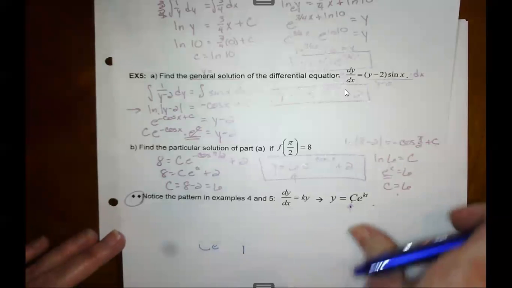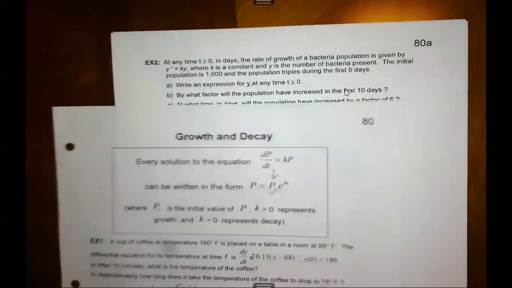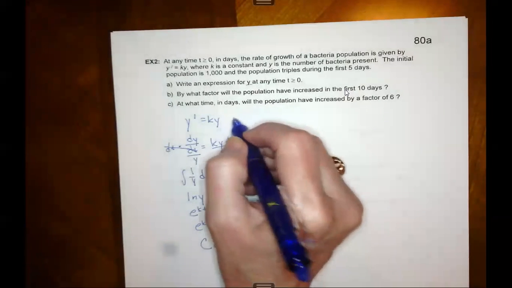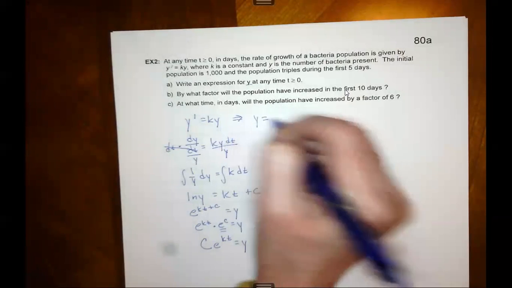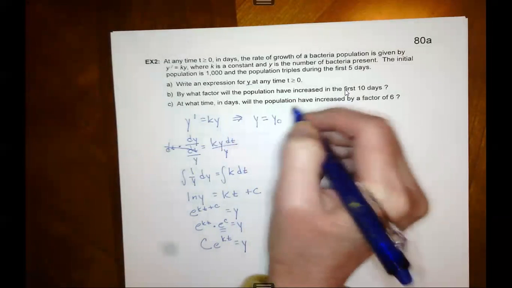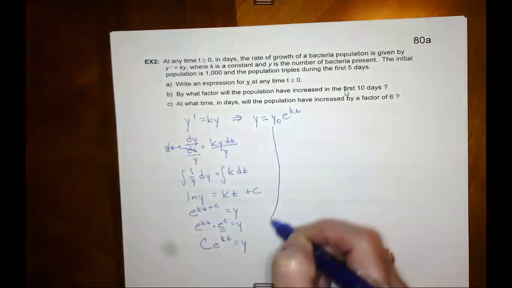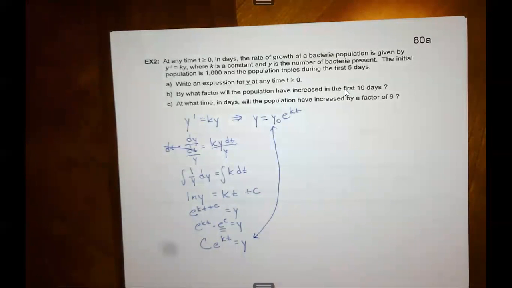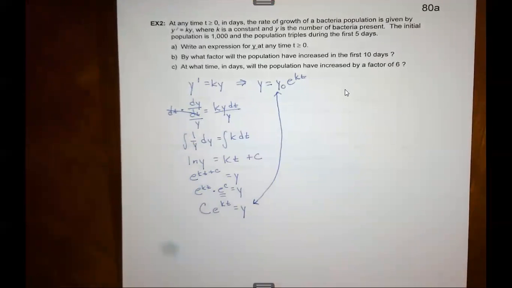Since this one was just all letters, with no specifics given, we could have jumped to the conclusion at the very beginning that y equals y sub o, or P sub o in our paper, e to the kt power. So this is the same thing as what we got. You can derive it yourself, but that's one benefit of knowing that formula, because you could save yourself all this time. But it's okay, because if you don't remember it, you can always solve, just like we did.